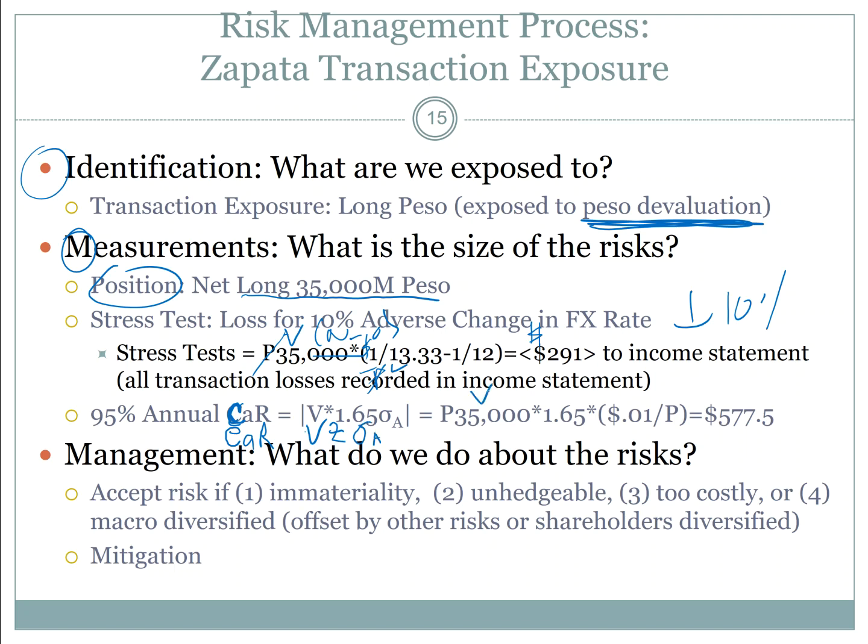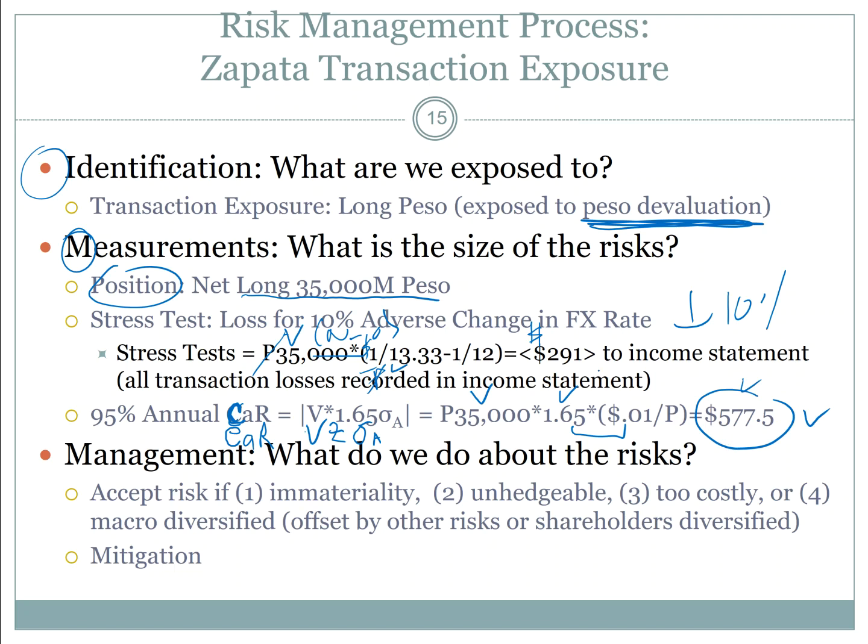So I'll take my V, 35,000 pesos, times a 1.65 standard deviation change, and there's a 5% chance that losses could exceed $577.5, or you're 95% confident that losses will not exceed it.